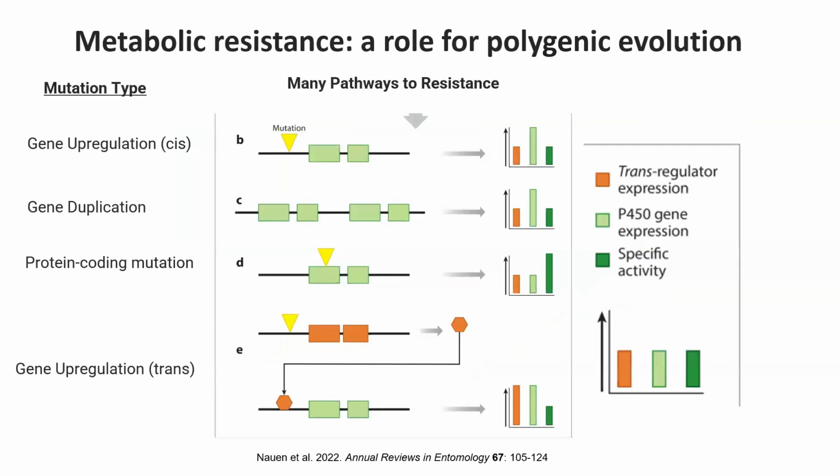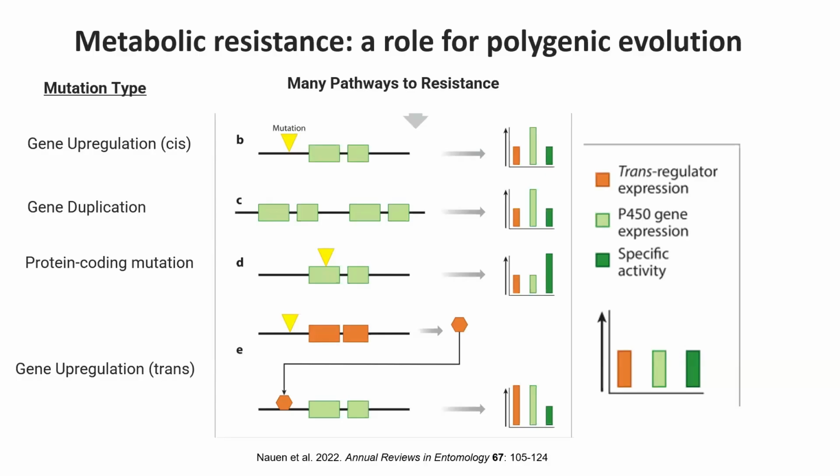Metabolic resistance could come about in a number of different ways. Because it involves many genes, there could, of course, be some protein coding mutations, things like that. But we often expect gene regulatory changes to be important here. We might also expect things like gene duplication events that rapidly increase the expression of certain genes to be important.